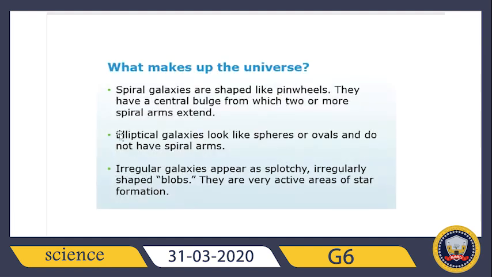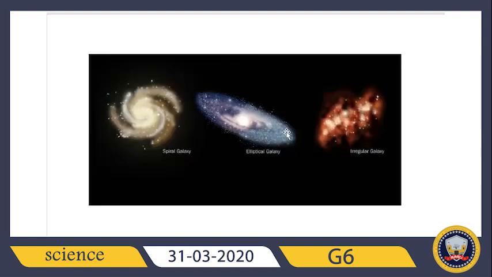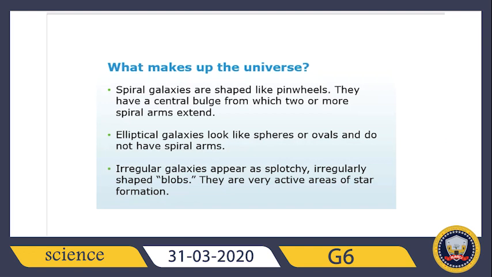The second shape of galaxy is called elliptical galaxies. They look like spheres or ovals and do not have spiral arms, as we can see here. So it has an oval shape and there are no arms extending from these galaxies. What about the last shape of galaxies, the irregular galaxies?